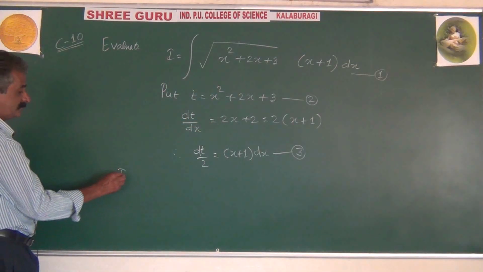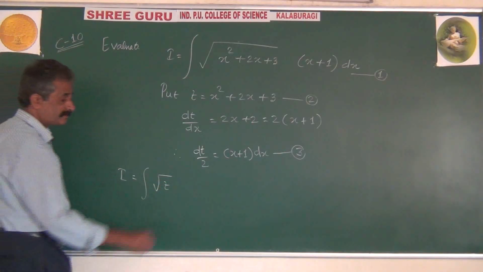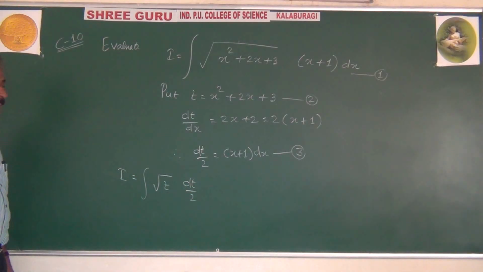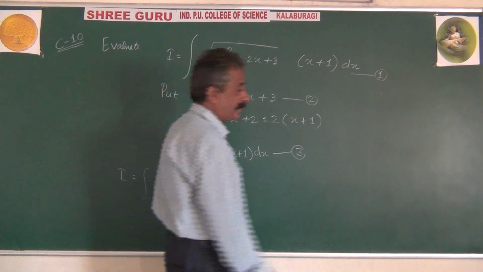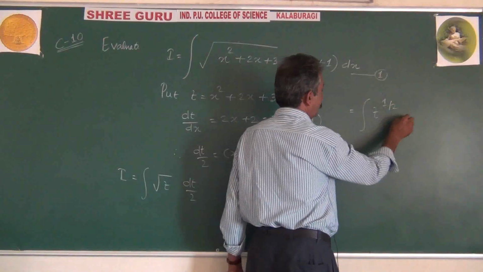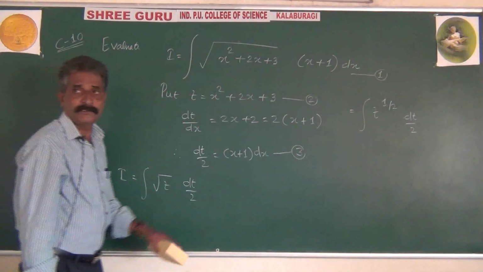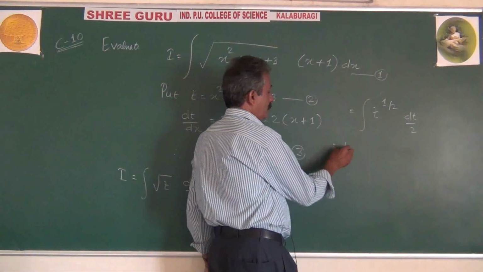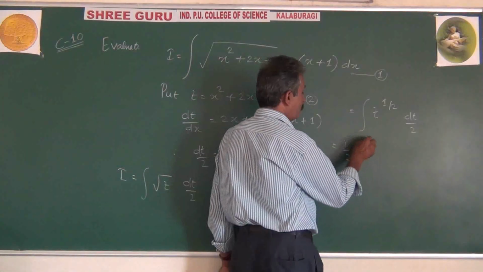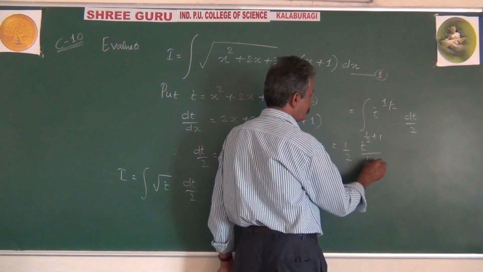I becomes integration of square root of t, remaining is dt by 2. Square root of t means t to the power of half. It is integration of t to the power of half into dt by 2. Keep 1 by 2 outside, and integration of t to the power of half is t to the power half plus 1 divided by half plus 1 plus c.